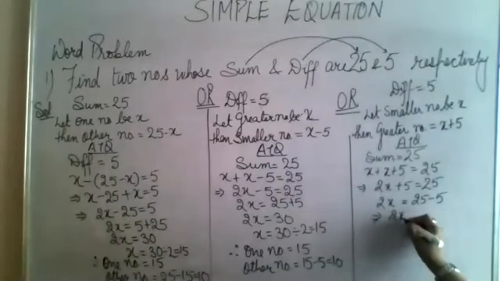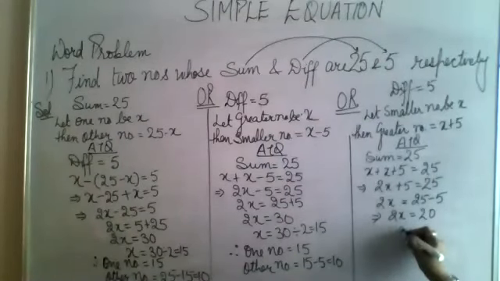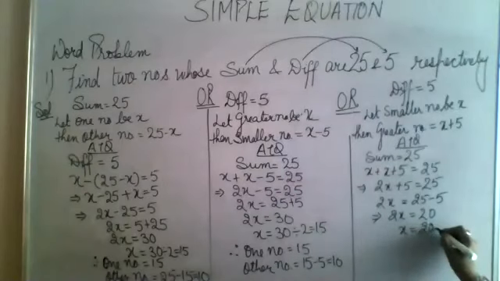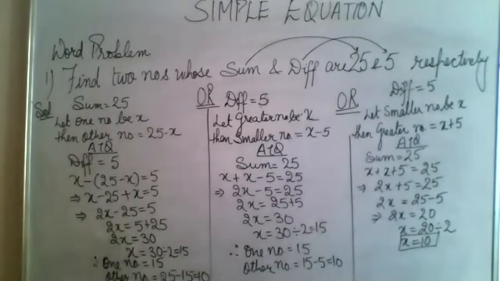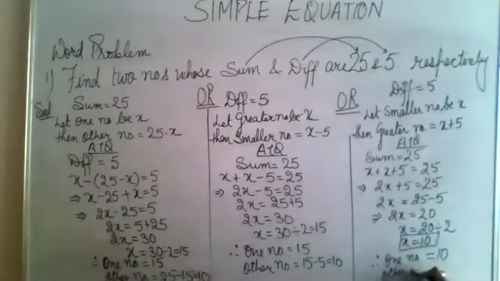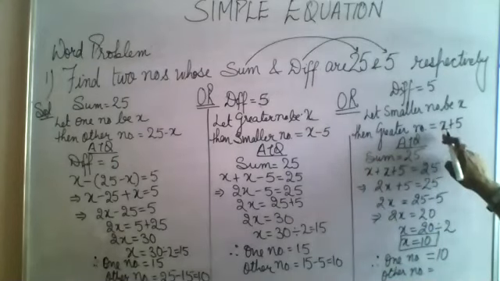So 2x is equal to 20 and x will be equal to 20 divided by 2, 10. So you can say one number is 10, and the other number you can get by subtracting 10 from 25, or you can add 10 plus 5.